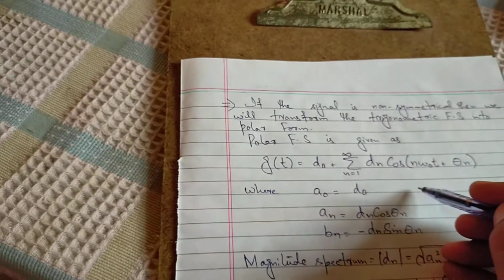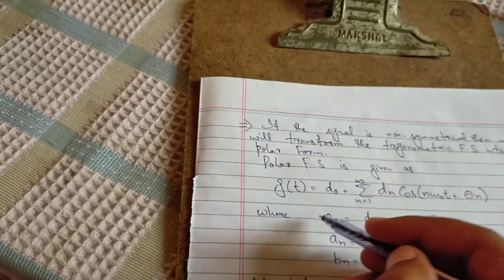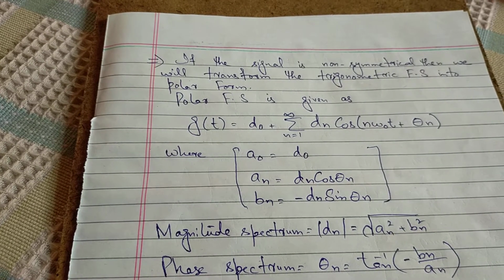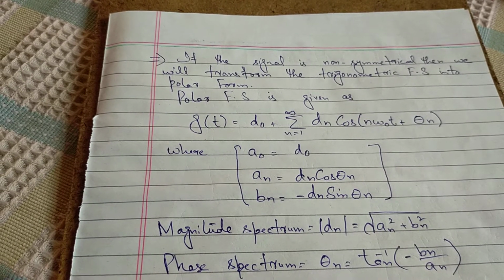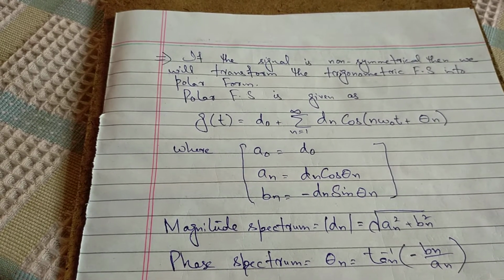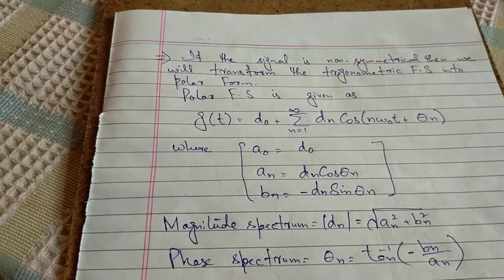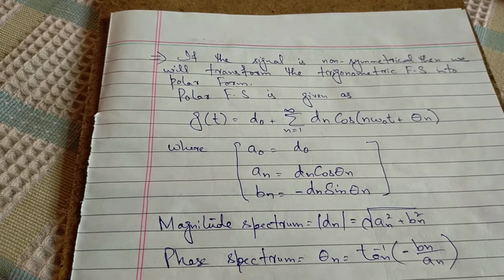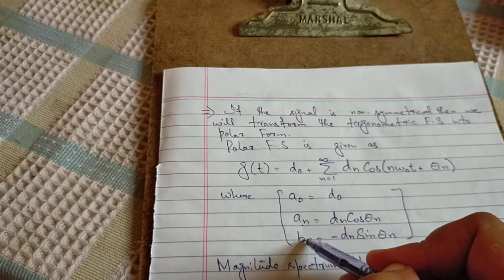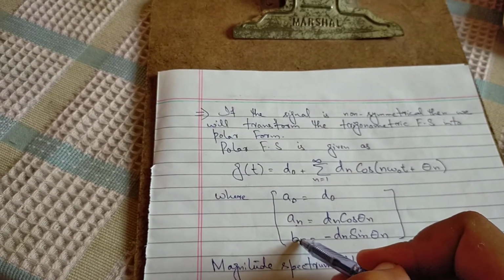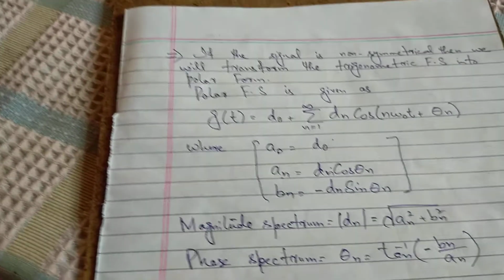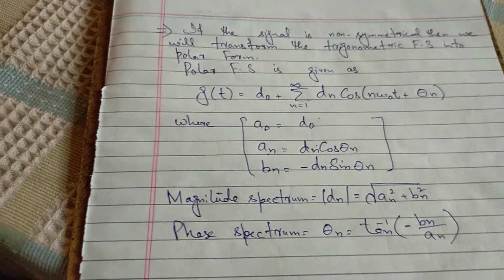From these three lines, it is clear that there is a relationship between the trigonometric Fourier series and the polar Fourier series, or we can say that we can transform the given trigonometric series into a polar Fourier series, where a naught, an, and bn are trigonometric Fourier series coefficients, and d naught, dn are polar Fourier series coefficients.